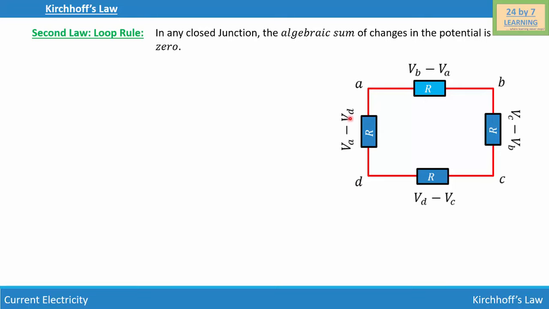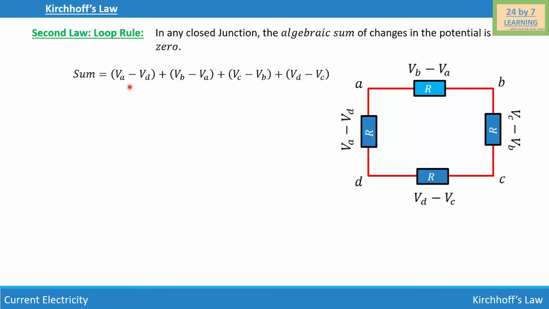Now, the law states the sum of all the potential differences. So let's add all these potential differences. We will write sum is equal to VA minus VD, which is from here, VB minus VA from here, VC minus VB from here, and VD minus VC from here.